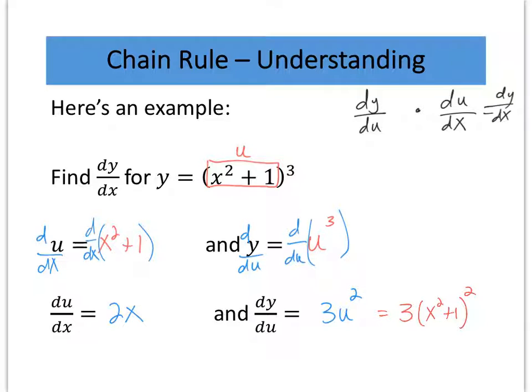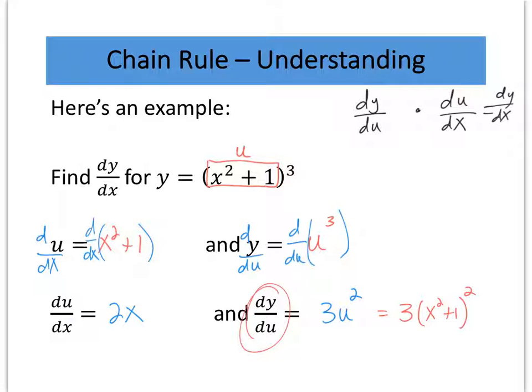But that's not it. That's dy du, the derivative of y with respect to u. And remember, we have to multiply dy du by du dx in order to get dy dx. So now I have to multiply it by this du dx.